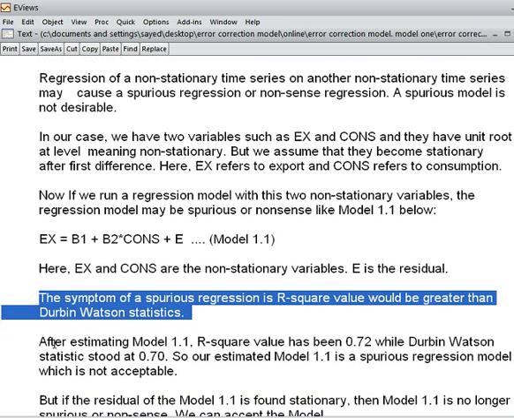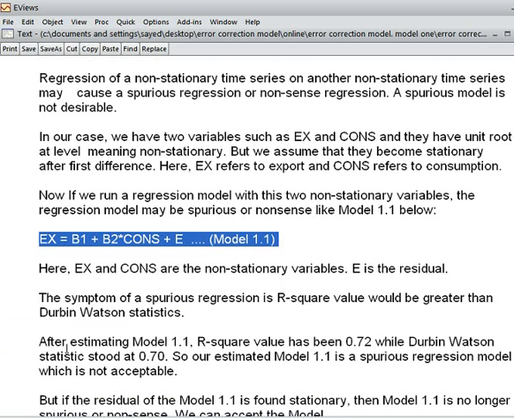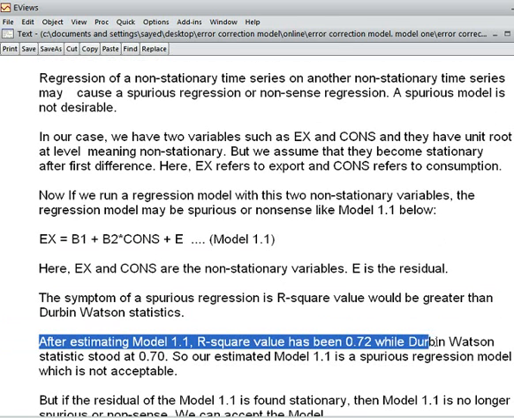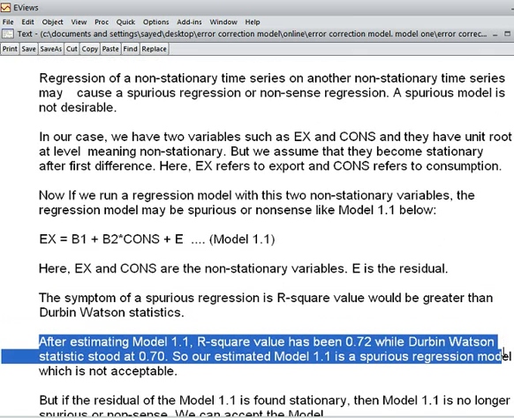Okay, what we have done? We have estimated model 1.1. After estimating model 1.1, R square value has been 0.72, while Durbin-Watson statistics stood at 0.70. So here what is happening?